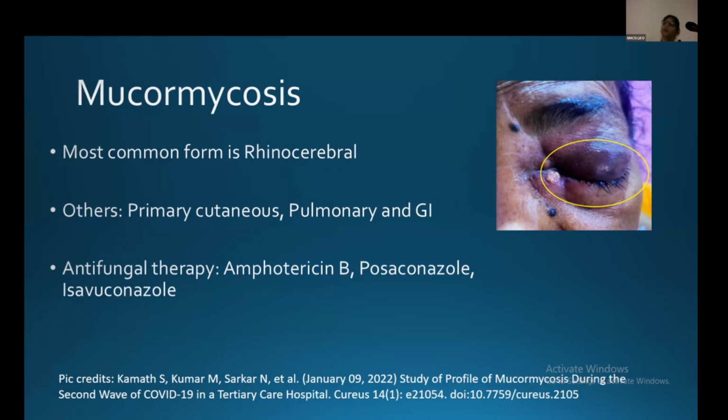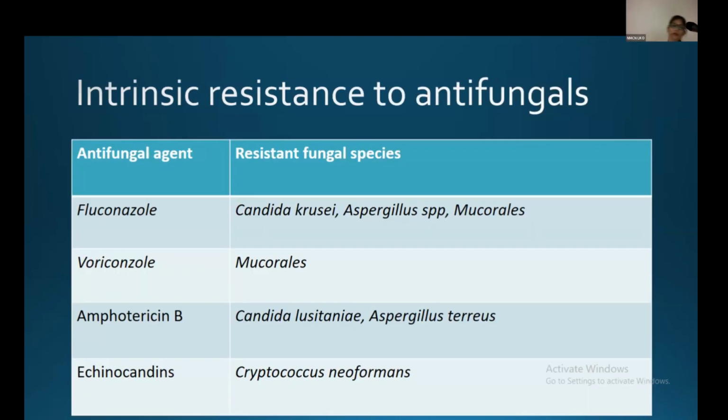Okay, but you should always remember which fungus is intrinsically resistant to which antifungal. If we talk about fluconazole, which is a very commonly prescribed antifungal on an OPD basis, we should remember Candida krusei and many strains of Candida glabrata, Aspergillus species, and Mucorales are intrinsically resistant to fluconazole. That means fluconazole will not work in these cases. Then voriconazole, which is the drug of choice for invasive aspergillosis. Mucorales, the whole group, is resistant to voriconazole.